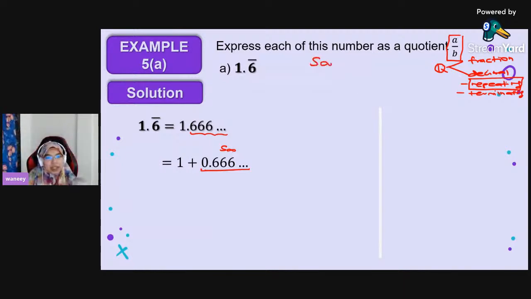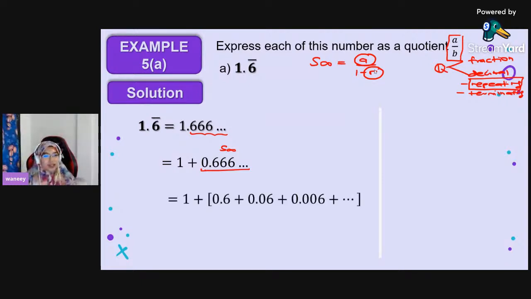S infinity is A over 1 minus R. I want to know the value of A and the value of R, the common ratio. So how are we going to get the first term and the common ratio? From 0.666 and so on, I'm going to write a sequence by separating the number a little so that we can see the sequence.